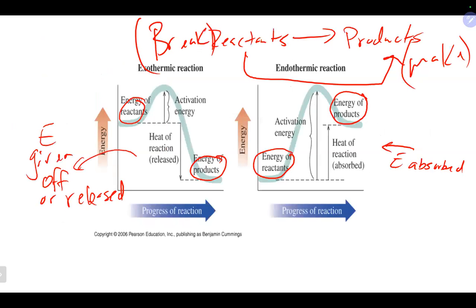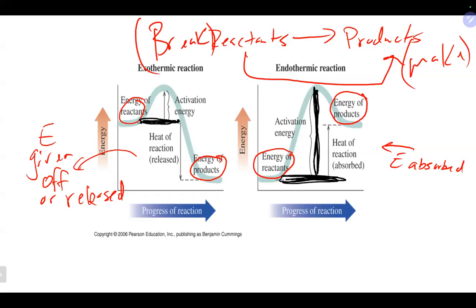We also see a difference here in the activation energy. This is the activation energy for our exothermic reaction, and down here to the top for our endothermic reaction. Which one is larger? It is the endothermic reaction, which also makes sense since that's a big hill.